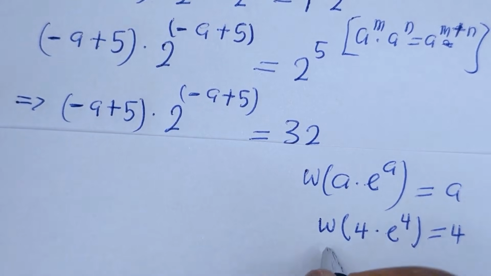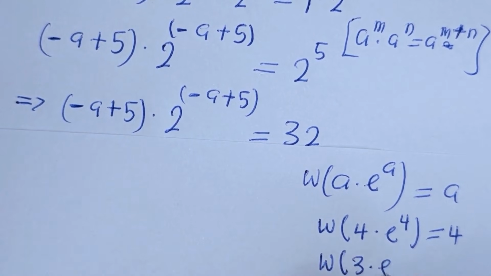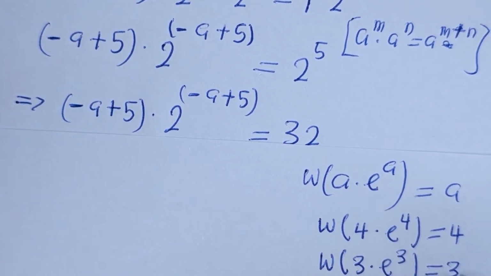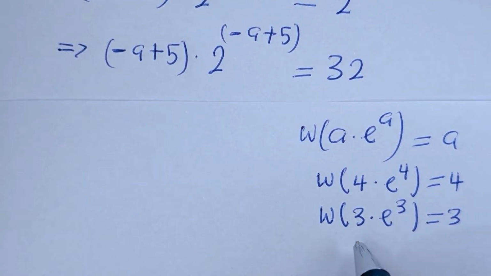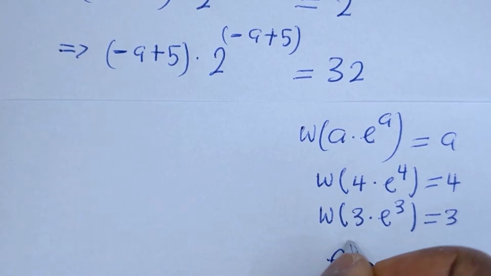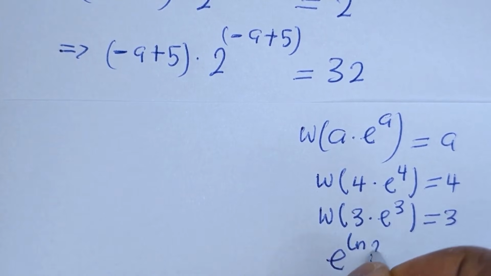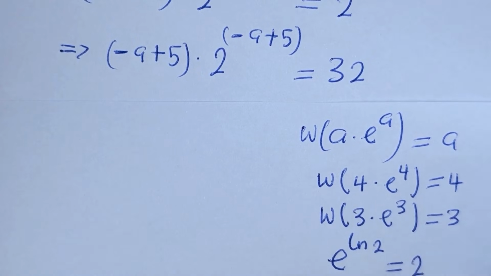Then if you have W of 3 multiplied by e raised to power 3, this is equal to 3. Also, if you have e raised to power ln of 2, this is equal to 2.